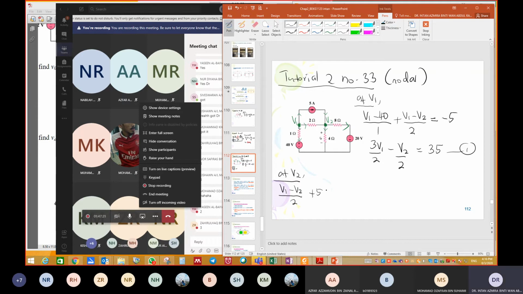Okay, so here is equal to, this is enter, this one is leave the node, V2 over 4. How about this? This one, V2, okay, minus, divided with A.